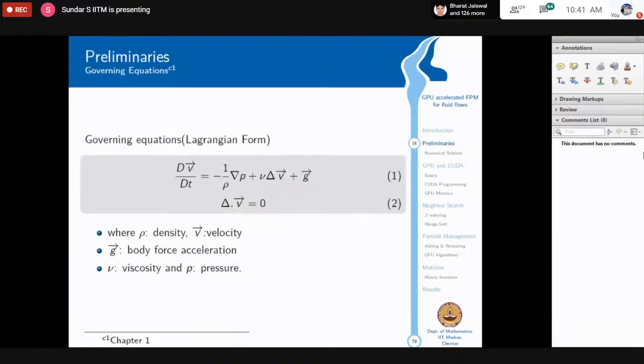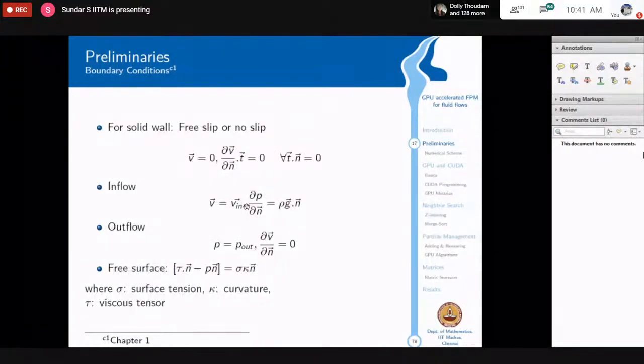If I go back to this equation, I need to find P, and I need P at the same time in order to compute V at the same time. Then this involves the Laplacian operator, so the second space derivative must be approximated. Then the gradient of P: once you have P, the gradient of P has to be approximated. Then here you have a dot product. All these things and the divergence of V have to be approximated.